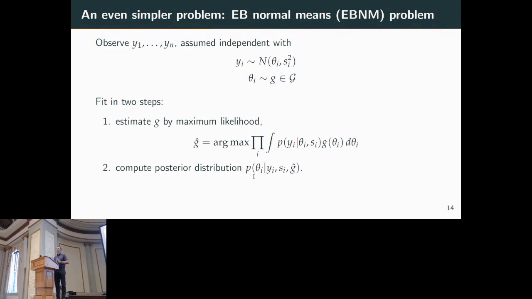I'm not going to talk any more about the details, but you'll just have to take my word for it that this is actually quite an easy problem to solve. We have good software for solving this for a whole bunch of different families G. And if you're interested in the details, there's a software package, EBNM, and a paper on my website that's to appear in Journal of Statistical Software.